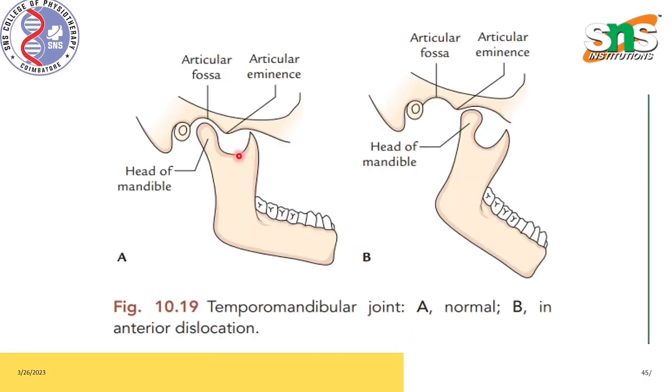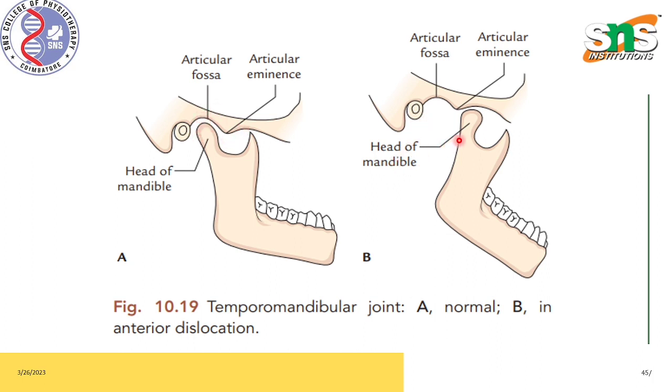So in this diagram, you are able to see this. This diagram is the normal one. This is the normal temporomandibular joint, and this is the dislocated temporomandibular joint. In this, you can see during normal or mild opening, the head of the mandible will be within the articular fossa.